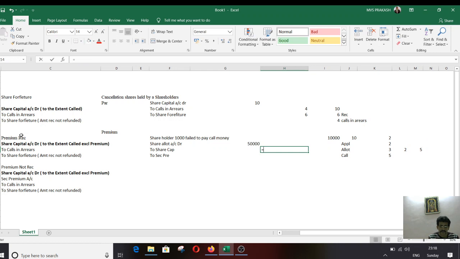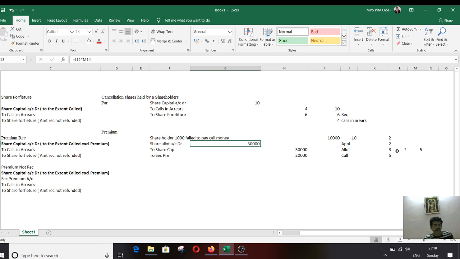The breakup: 3 rupees is my allotment, going to share capital, then 2 rupees will be going to my securities premium. That's the entry which had been passed.